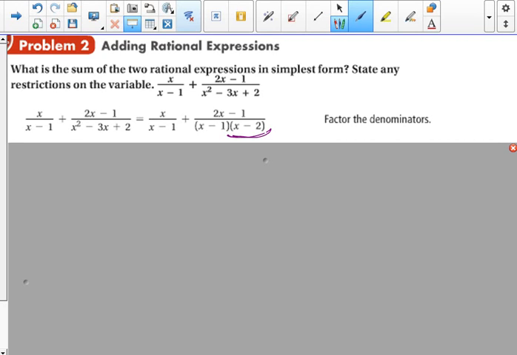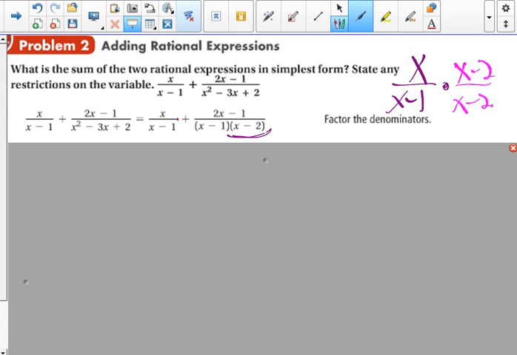But if we do it to the bottom, we have to do it to the top, right? Because in essence, all we're doing to this guy, x over x minus 1, is multiplying it by 1. But we're going to make 1 fit our needs. If we multiply it by 1, it's still itself, it's just going to look a little different. And we need this bottom term to be x minus 2.